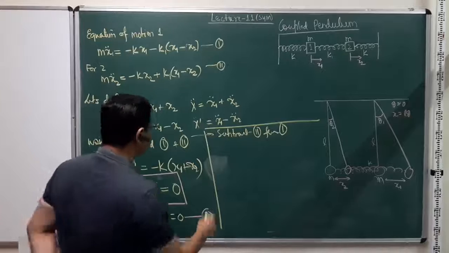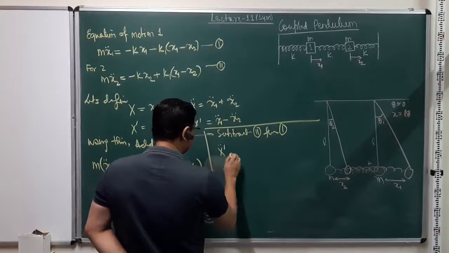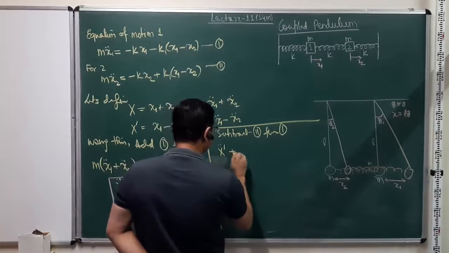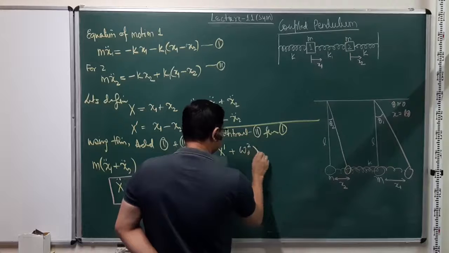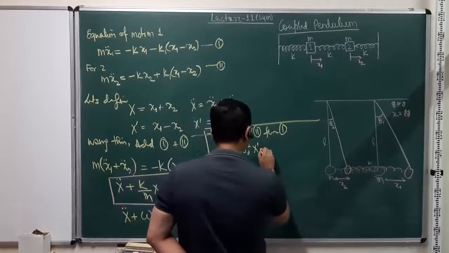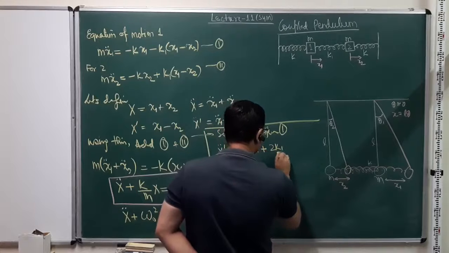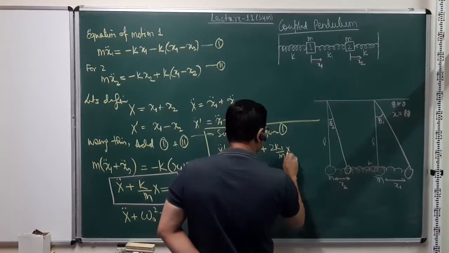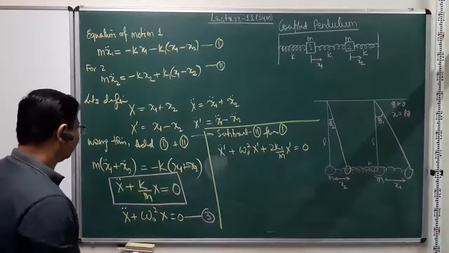If you subtract this from here, basically what we are going to get is x prime double dot plus omega naught square x prime plus a term which will be k1 over m x prime equal to 0. So I have used k1 here.